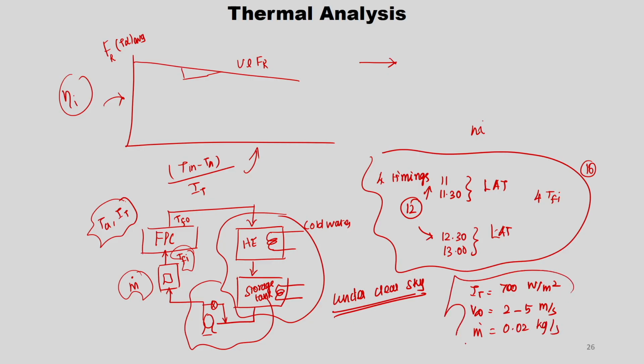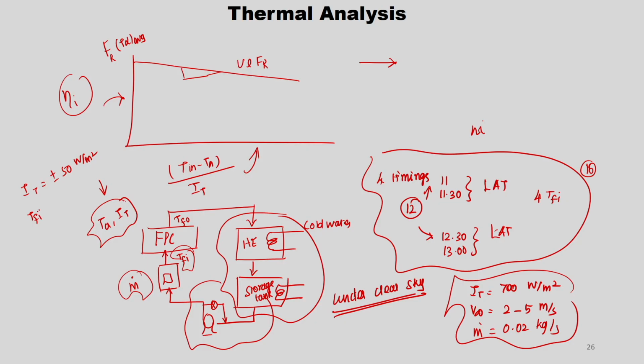So, this we need to ensure, and also there are some experimental errors allowed. For I_T, plus or minus 50 watt per meter squared error is allowed.